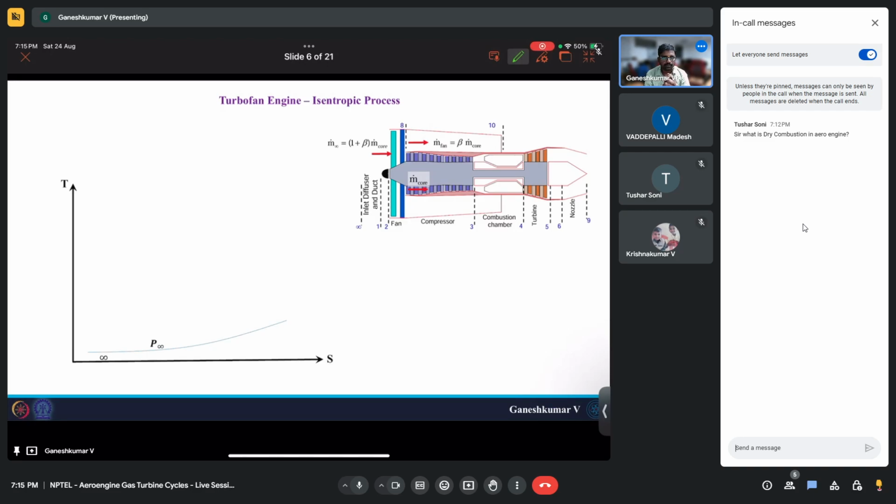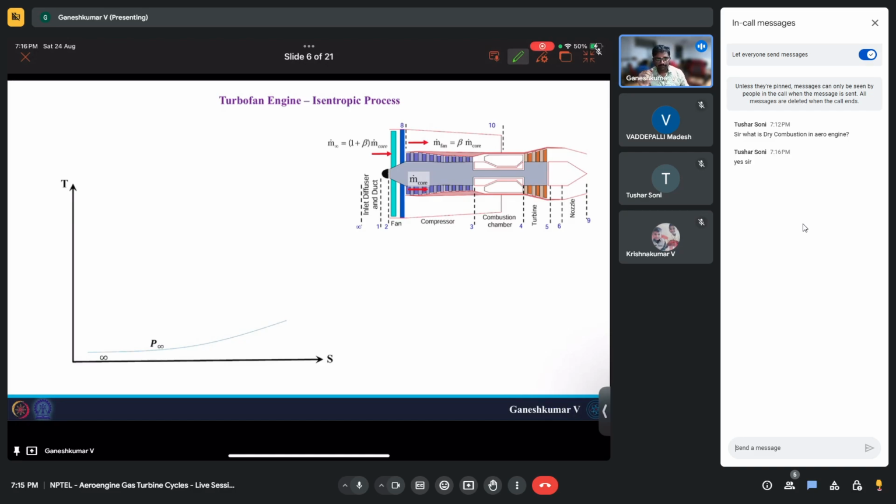I hope everyone understands what an isentropic process is. An isentropic process is nothing but a reversible adiabatic process where entropy doesn't change. That is your first clue to draw a turbofan engine TS diagram for an isentropic process.